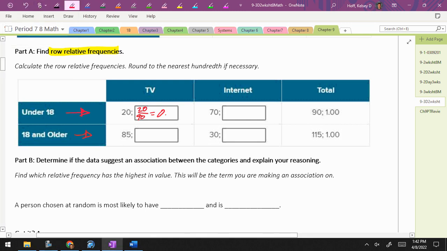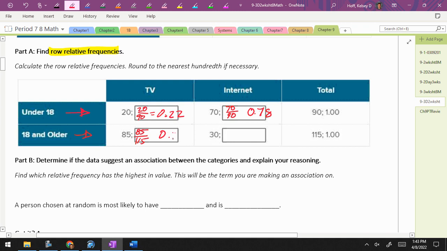0.22, is that what you said? Yeah. Okay. 70 divided by 90 is 0.78. So then 85 over 115 is 0.74.